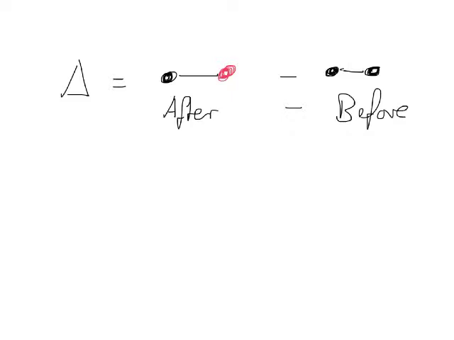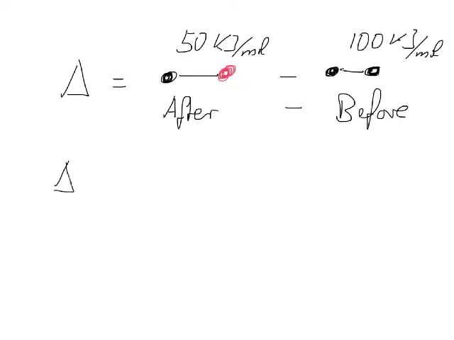And for example, if my energy in this bond here is 100 kilojoule per mole, and in this case here it is 50 kilojoule per mole, then my difference between the two states is 50 minus 100, so it would be minus 50 kilojoule per mole.